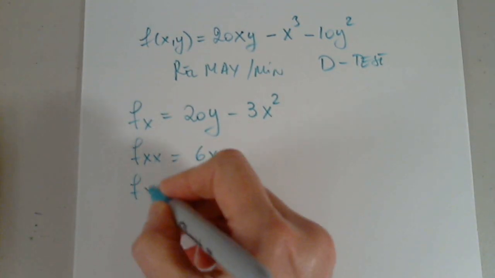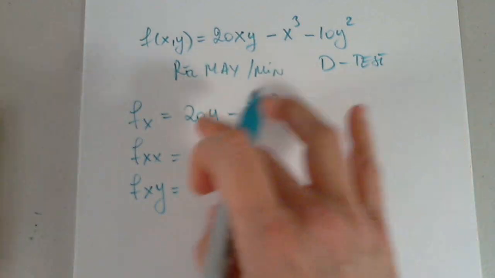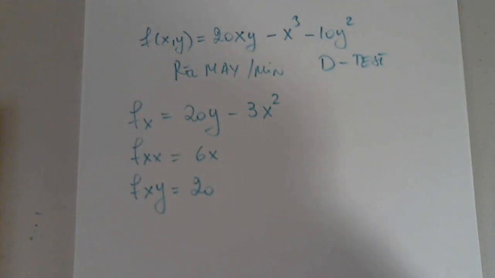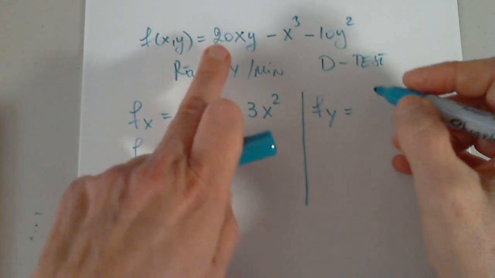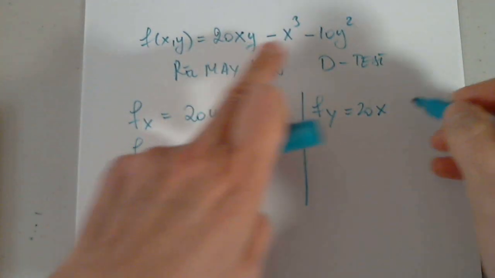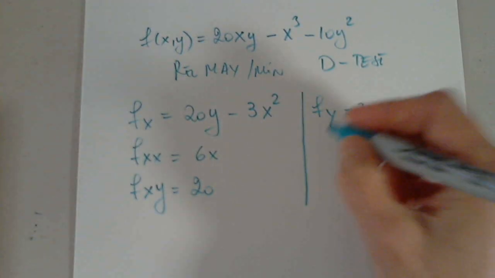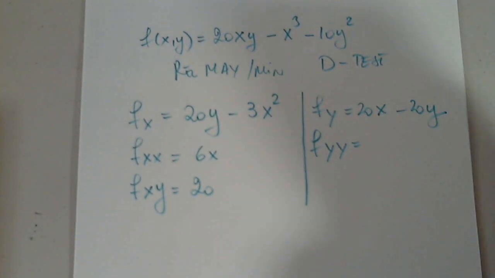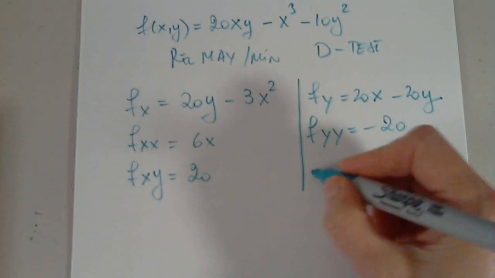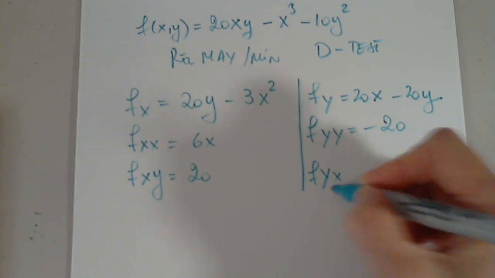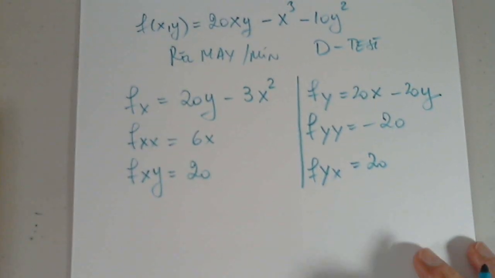Then I can differentiate fx with respect to y. fxy is 20. Fy is 20x, this is fixed, minus 20y. fyy is negative 20. fyx has to be the same. Fy differentiated with respect to x must be exactly the same thing.